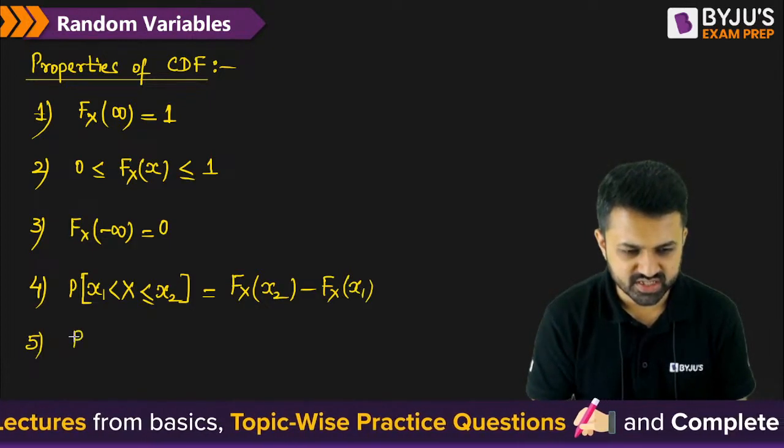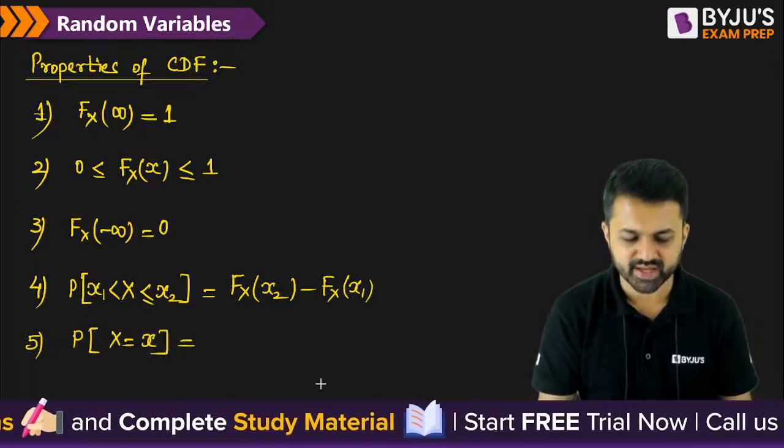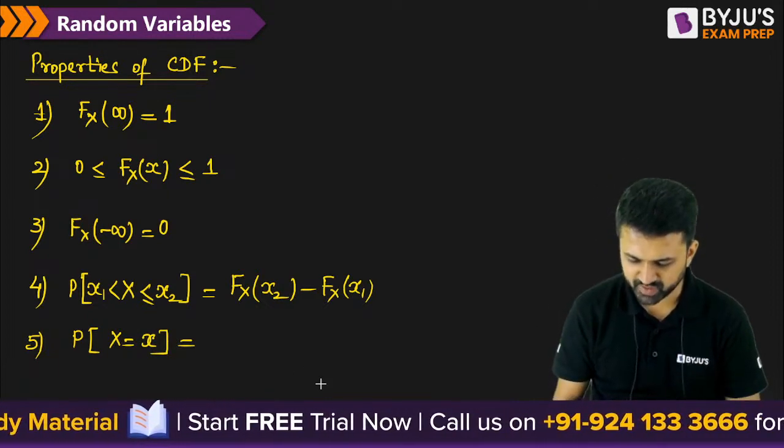Now, can you tell me what is the value of probability at x equal to x? Now, write the fifth property, Vikram.